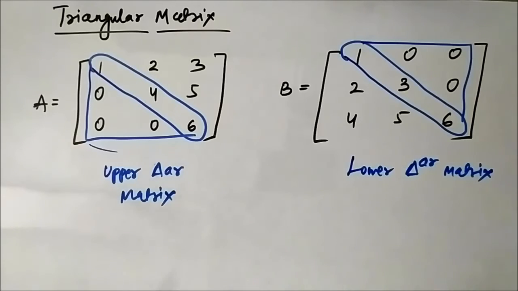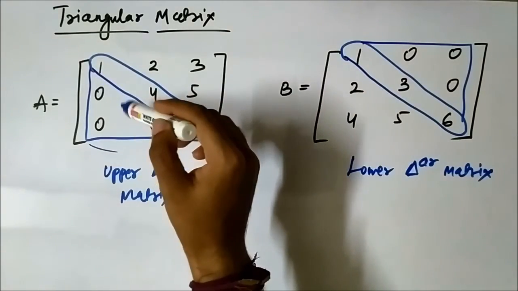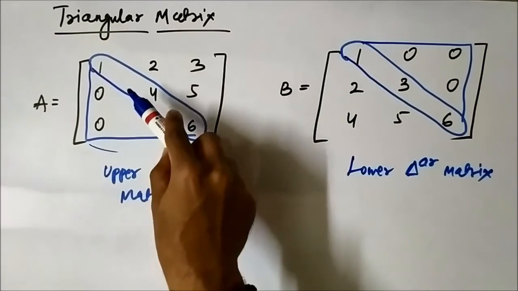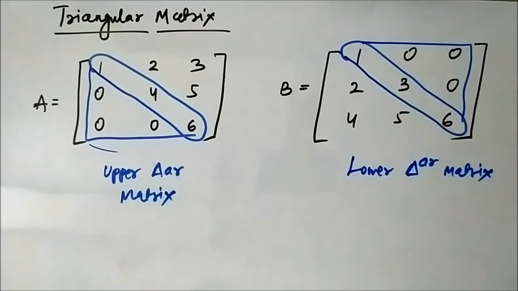Okay, so in order to identify a triangular matrix, first you have to check whether the elements below or above the principal diagonal are 0 or not. If that is the case, then it is a triangular matrix.